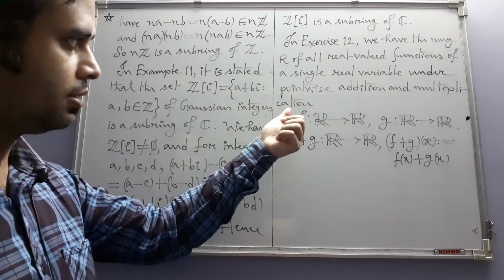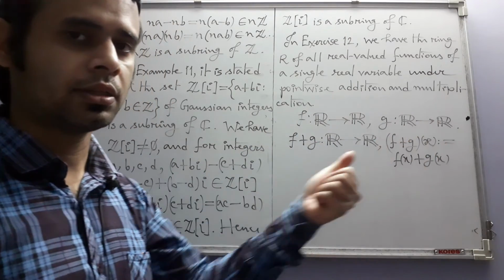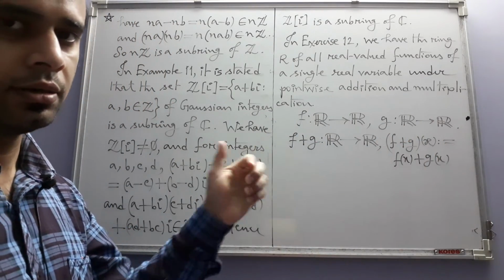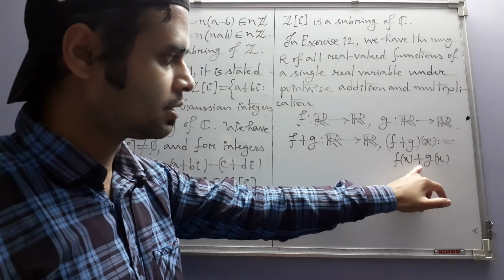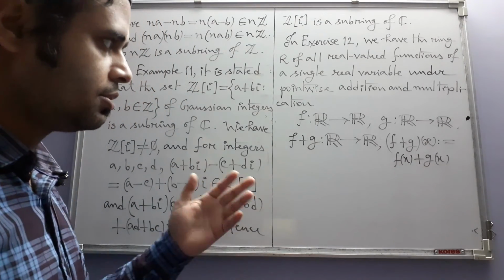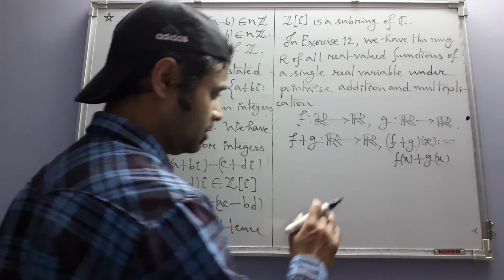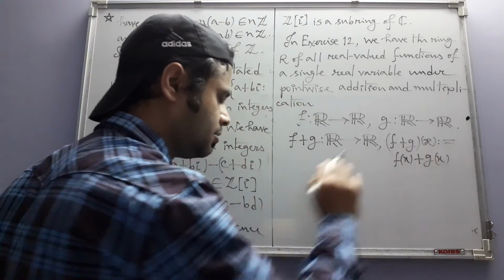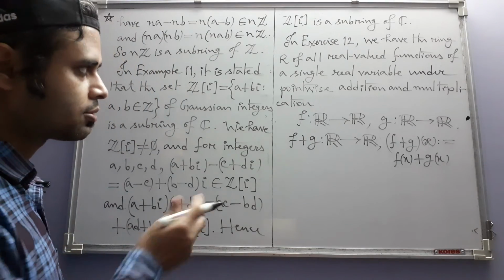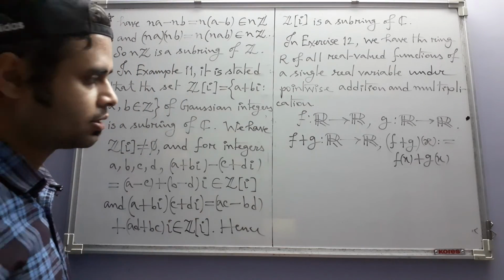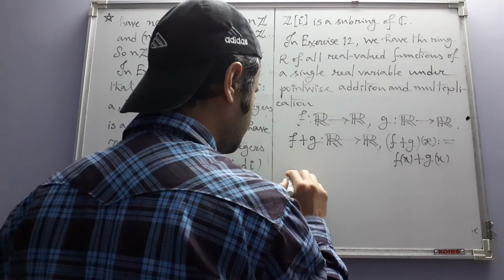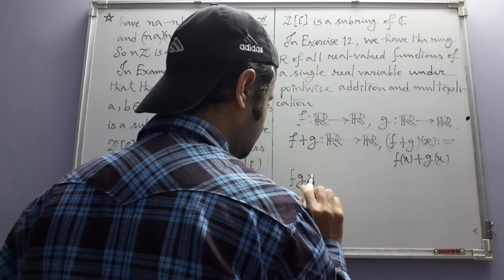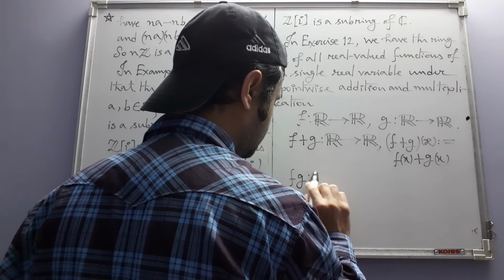That's why we need real valued functions, where the outputs are real numbers, so that this sum makes sense. And since we are defining this addition pointwise at each input, hence the name pointwise addition.